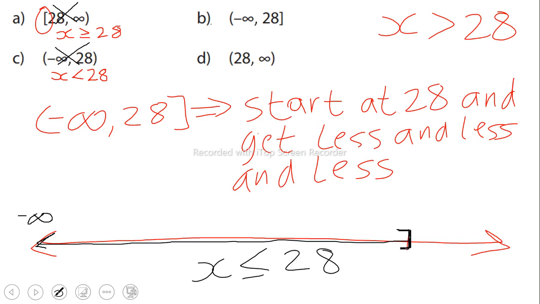So x is less than or equal to 28. So the associated inequality for this one is x is less than or equal to 28.